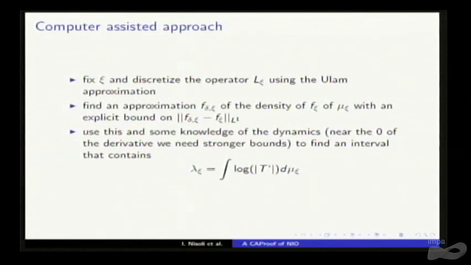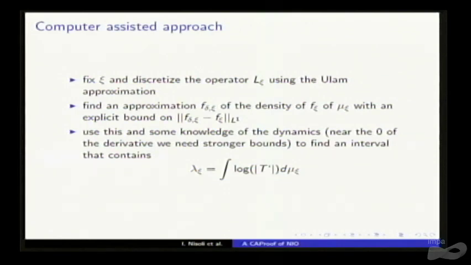So what's the strategy? We take a noise, and we discretize the operator, this operator LXC. It is regularizing, so it has really good properties. Using the Ulam approximation, we find an approximation of the density of the stationary measure with an explicit bound.